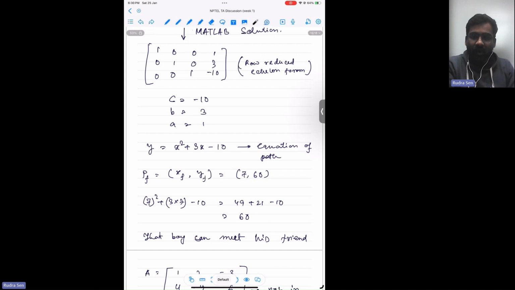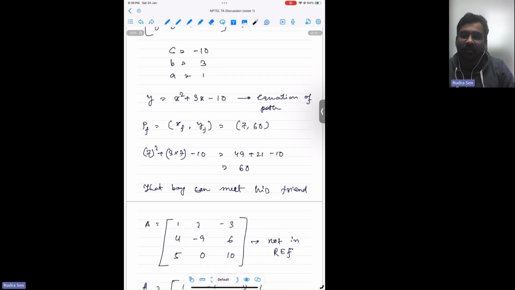That means the boy will be able to meet his friend at that point. So this equation is satisfied. If the boy chooses this path and follows these coordinates, he will be able to meet his friend at the particular coordinate point.